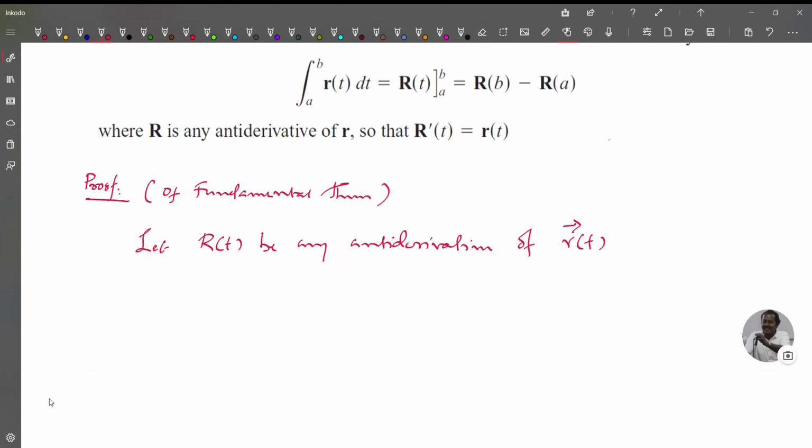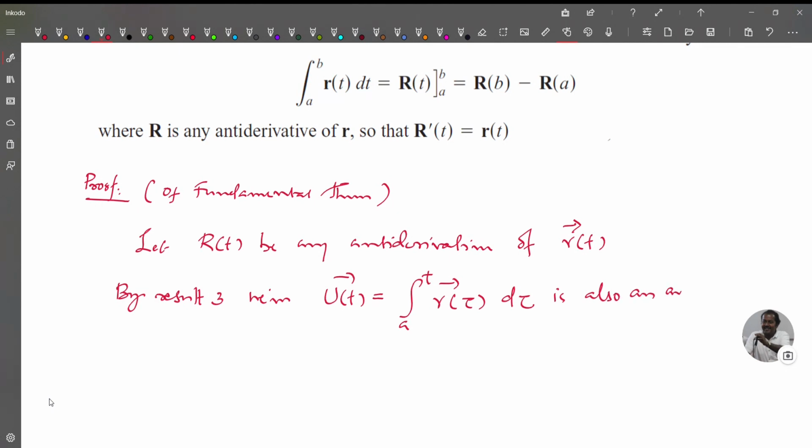By result 3, u of t equal to the integral from a to t of r of tau d tau is also an antiderivative of r of t.